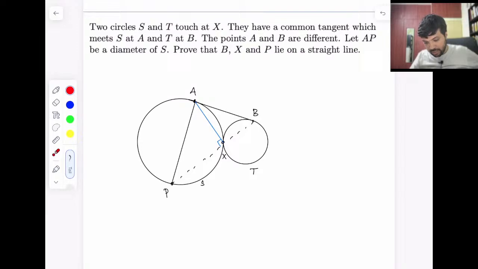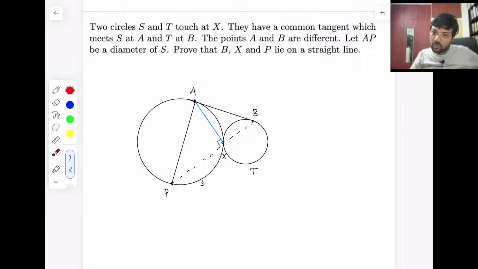Can I use some alternate segment theorem here? This is a chord, and the angle subtended with the chord is this angle x. If I could prove this is 90, I would prove this is 90 minus x.